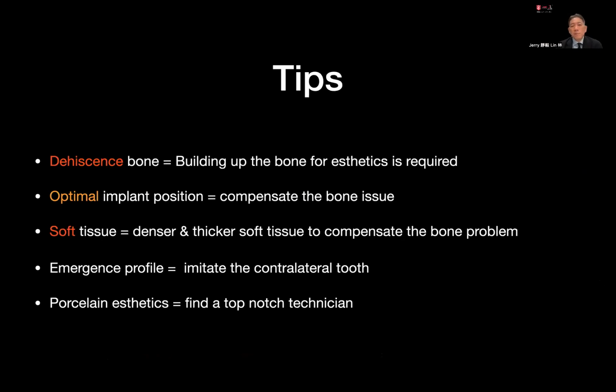So the tips for this type of defect, dehiscence bone: we need to build the bone for aesthetics, and we need to place the implant in optimal position. We can compensate for the bone issue. And of course, we need very good soft tissue, very dense and thick, to compensate for the bone problem as well. And of course, we have good room for emergence profile and imitate the contralateral teeth.